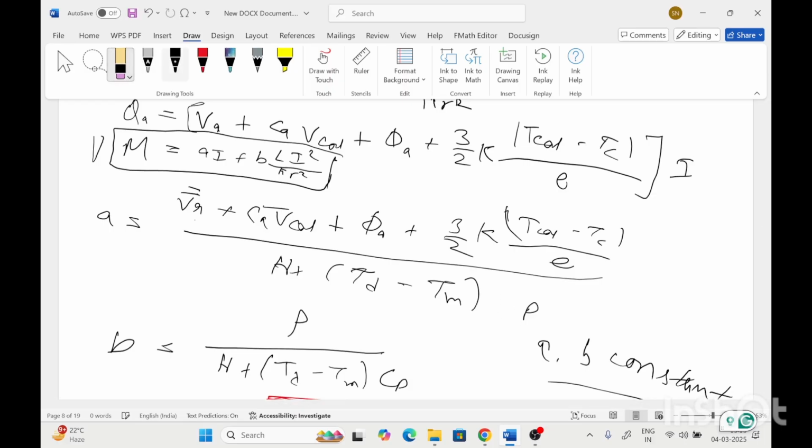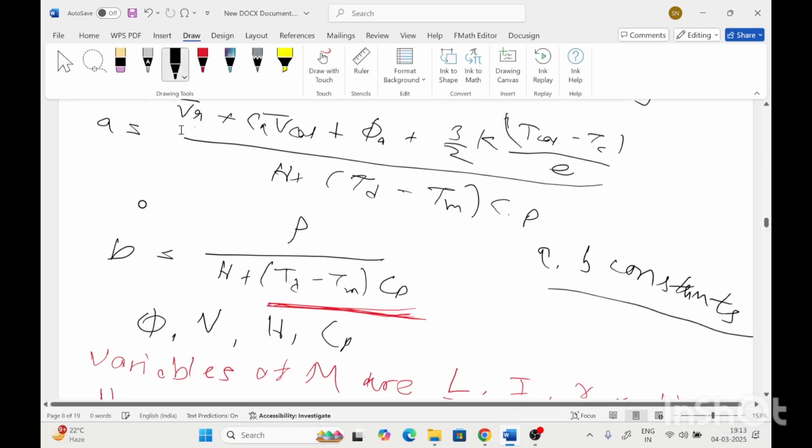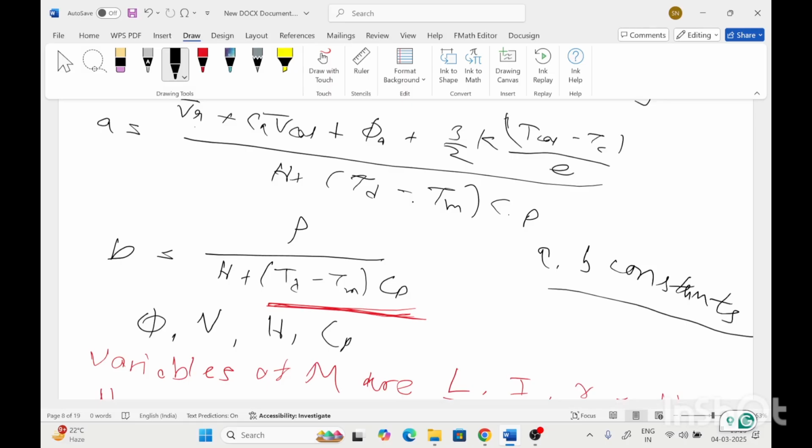And B can be written as rho divided by the same term, H plus (TD minus TM) CP, because these terms are negative, so these terms are coming in the denominator.